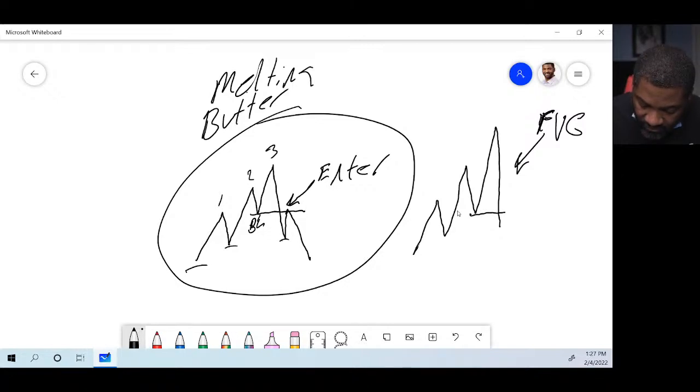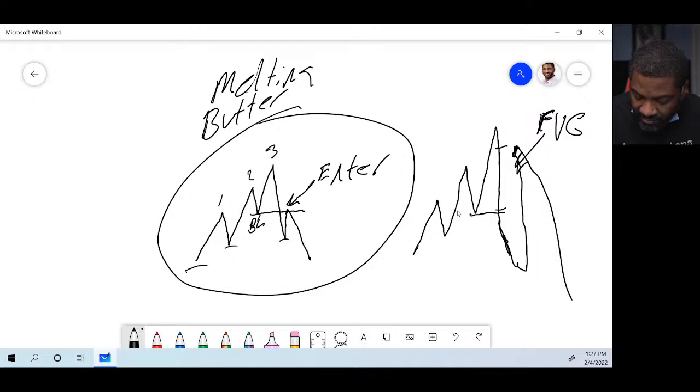Once this very next candle opens, you're looking for a fair value gap to form anywhere in there. Before it goes down, you want it to trade back up into this fair value gap. Once it trades back up and closes this gap, you're looking to take it short.